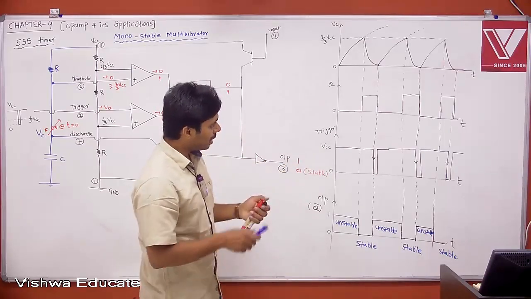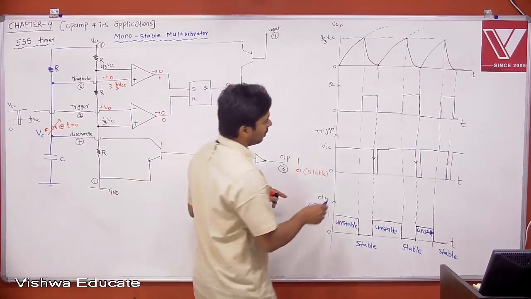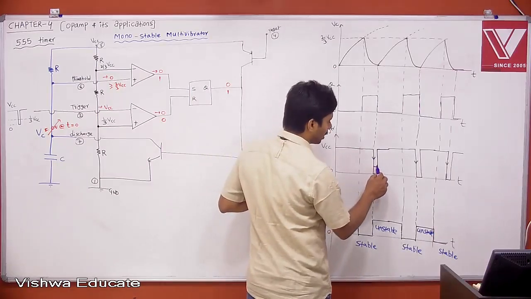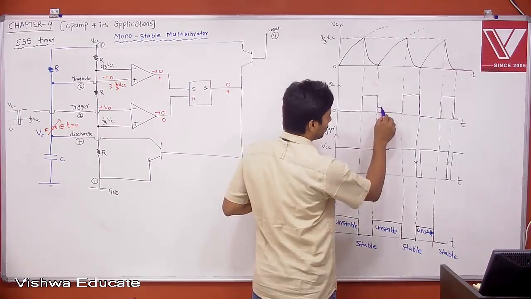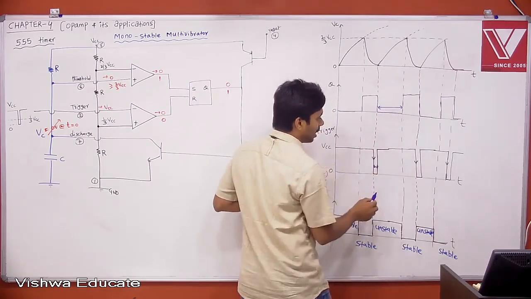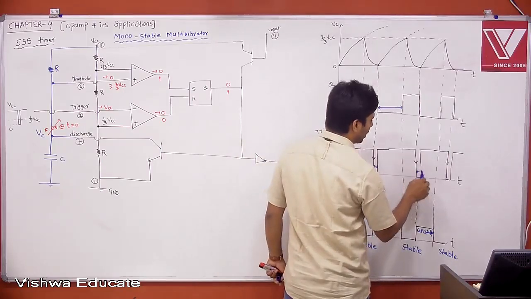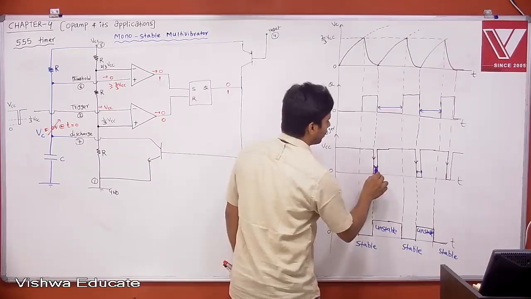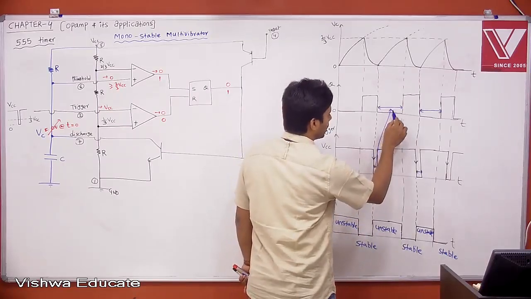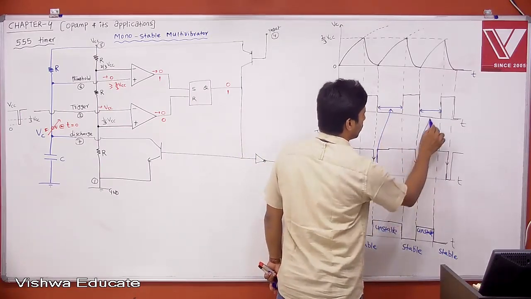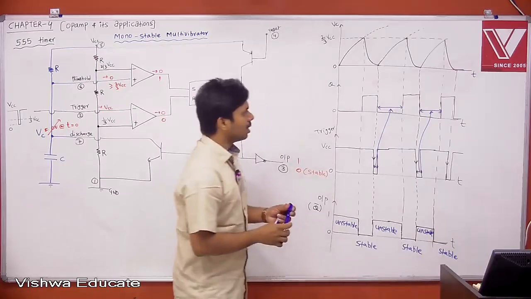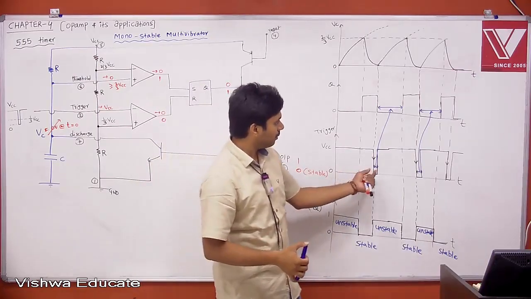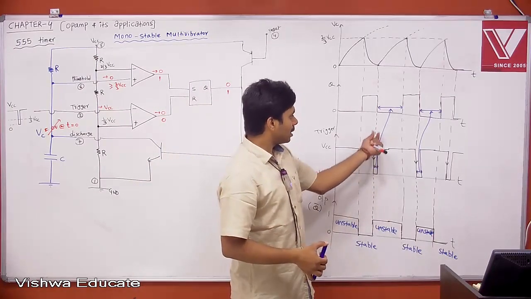Now if you see here, whenever there is a negative pulse, this is your trigger pulse. Now we have this much width. Again, whenever there is a negative pulse, this is your negative pulse. Therefore, from here to here, it is a pulse stretcher. From here to here, it is a pulse stretcher. Whatever negative pulse you have is stretched indirectly.